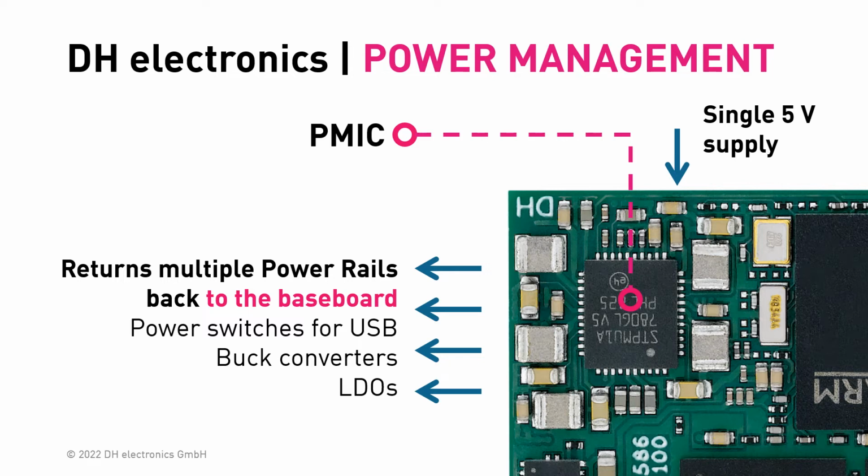We also have some additional features like a power switch for USB directly included in the PMIC, and also some LDO outputs. So in summary, we only need a single 5-volt supply for the mainboard. The rest is done by the PMIC, and this is a very easy and cheap solution.